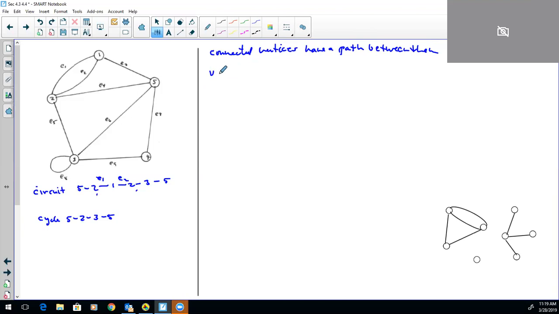Let's not call it V1. Let's say V is related to W if there's a path. Okay, and so we'll call this relation J. We'll write it something like this. That's how the book does it. And you think of J as being something like joined to. Okay, so V and W are going to be related. They're going to be joined here. So this becomes an equivalence relation.